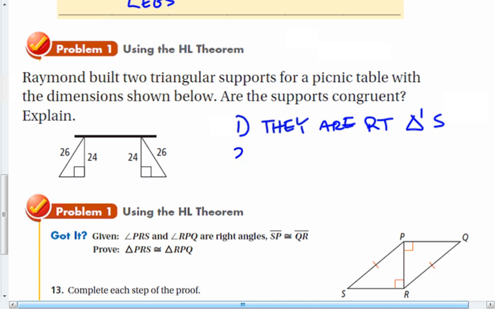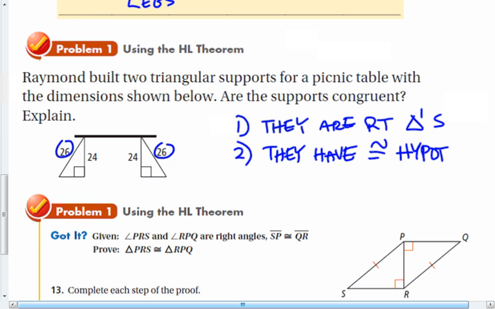The second condition is they must have congruent hypotenuses, and both hypotenuses have the same measure, 26, so they are congruent. So condition 2 is met. And the third condition, they must have one set of congruent legs.